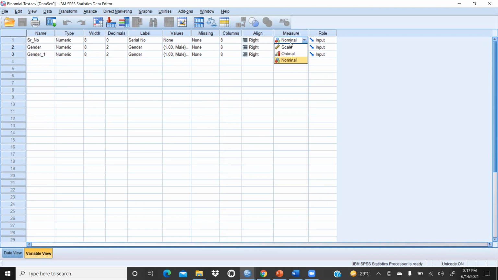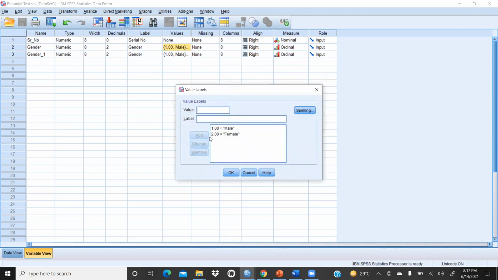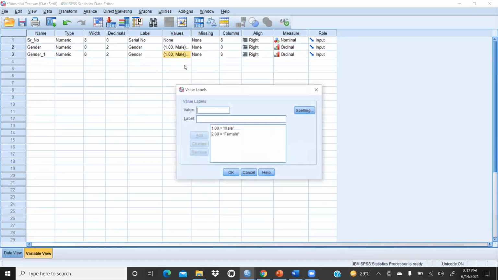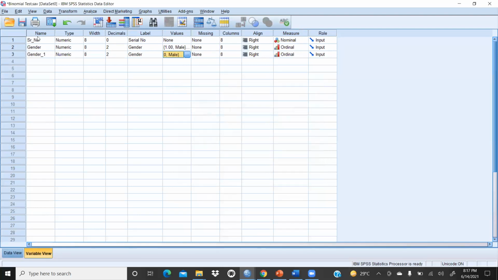Serial number is simply just a number, so it would be nominal. Gender is numeric, that is ordinal, right? Because I have defined here, 1 means male and 2 means female. Here it is the same with gender 1, 1 means male and 2 means female.